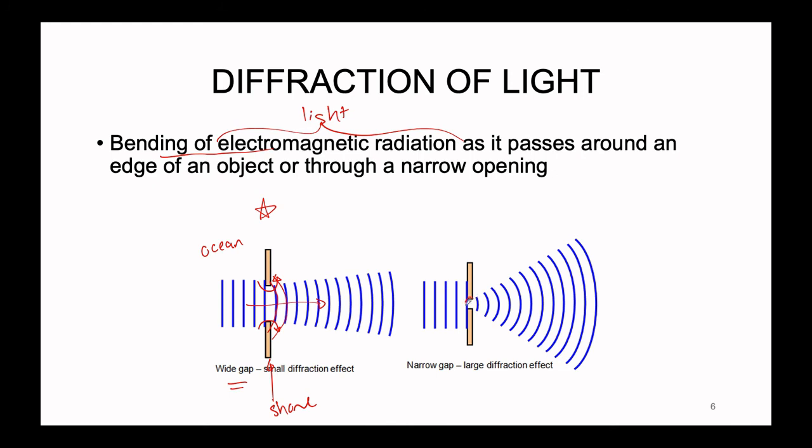Now, if the gap is very narrow, this curving is more exaggerated. So again, light passing straight through the center can pass straight through unmitigated. But the closer the light is to the edge, the more it's going to wrap around this edge, and this curvature is going to become greatly exaggerated, giving us very, very curved light.